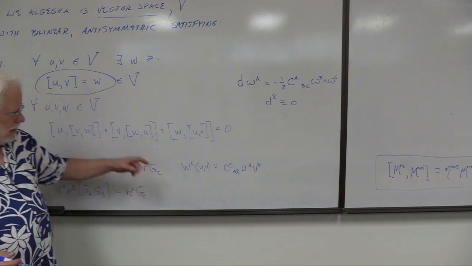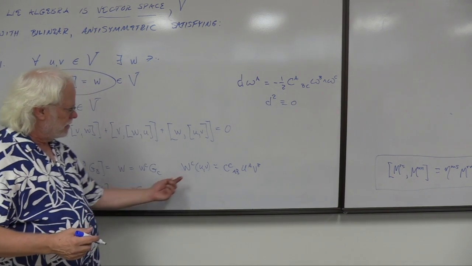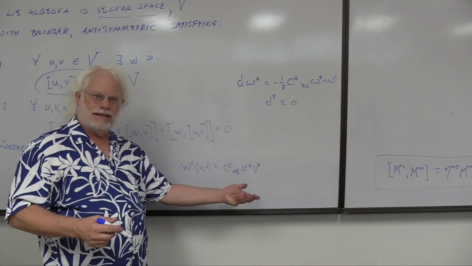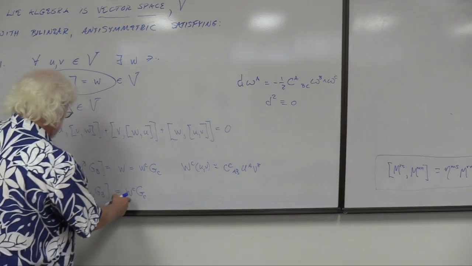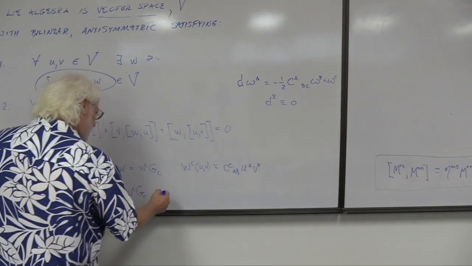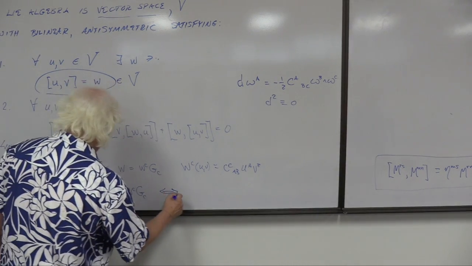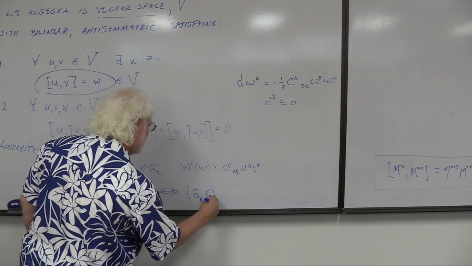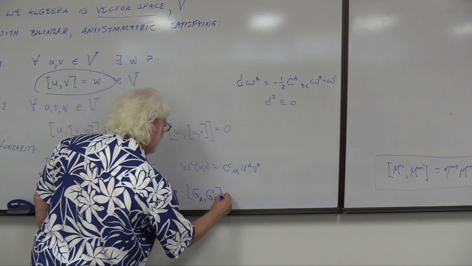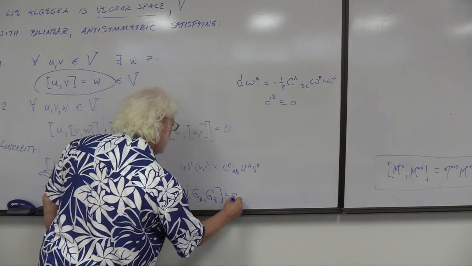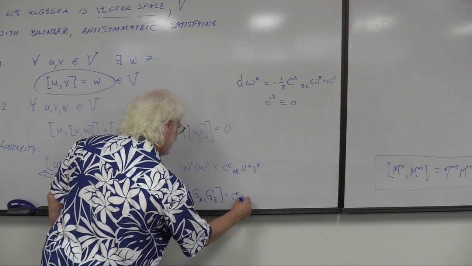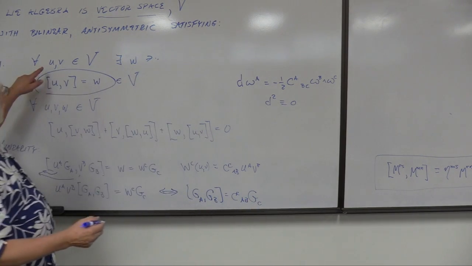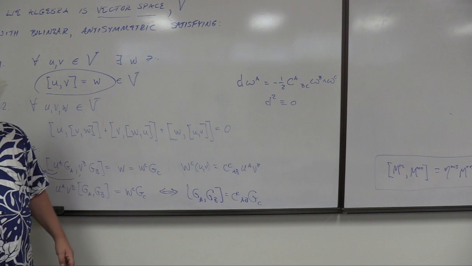So you have to be able to express this vector linearly with something that doesn't depend on which vector you're looking at. And so you get the structure constants here, and this becomes equivalent to knowing the commutation relation for the generators. Once you have this, then you have the commutators for all vectors in the Lie algebra.